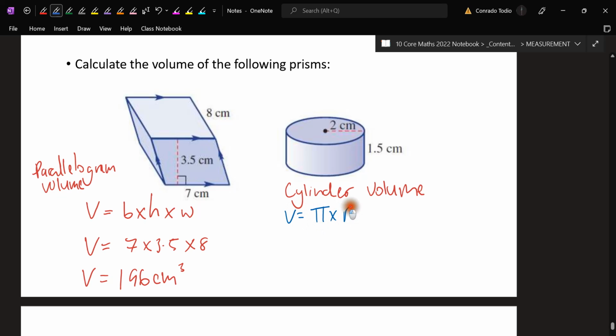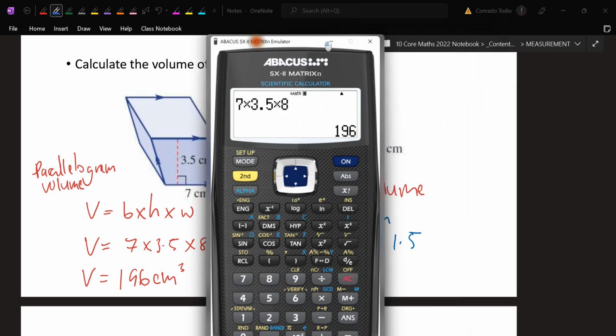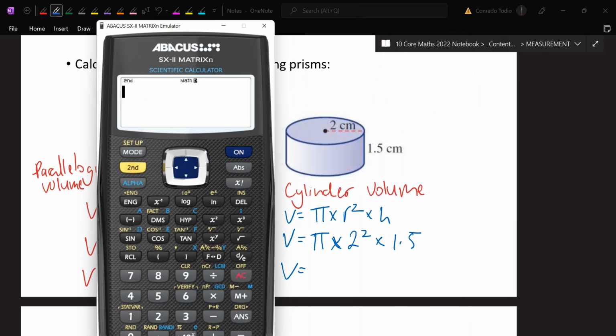Pi times radius squared. Yeah, same thing. And then you multiply that by the height, which is going to be that number there. So in this case, the volume is pi times 2 squared times 1.5.